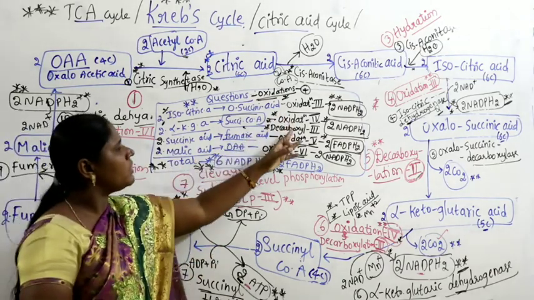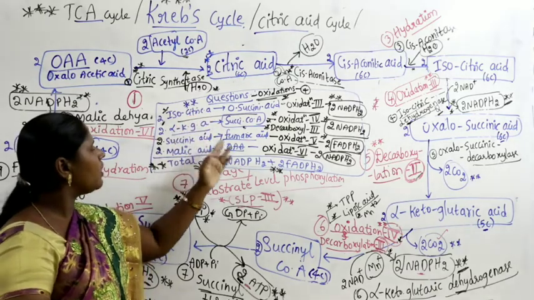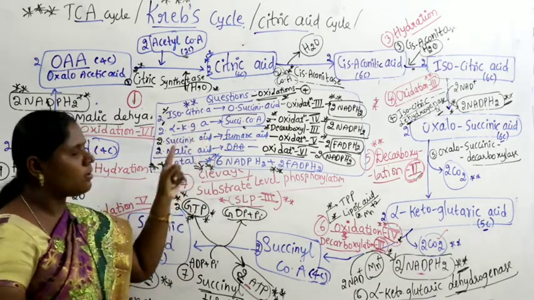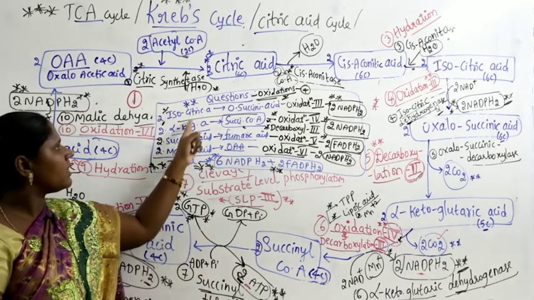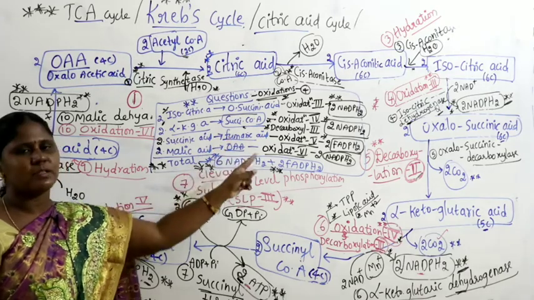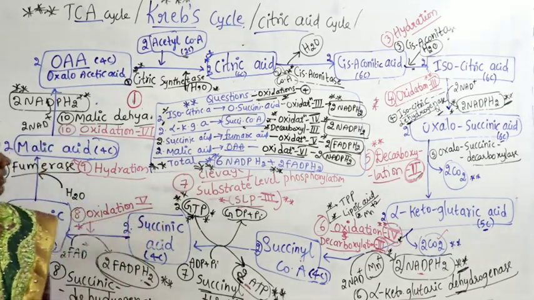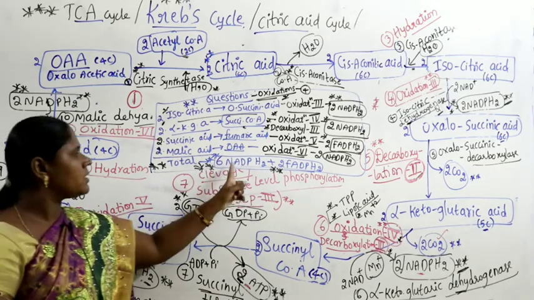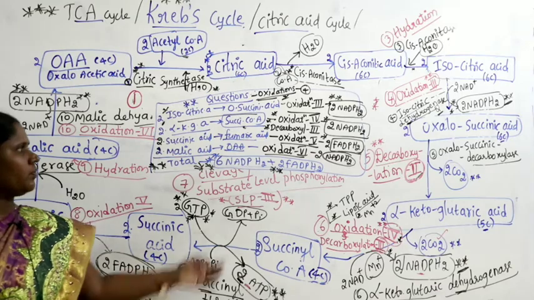And where do these oxidation steps occur? Conversion from what to what, remembering these compounds is also very important. These conversions of substrate into product where oxidation takes place should be at the tip of your tongue, right? So 4 oxidations yield 6 NADPH2 plus 2 FADPH2.